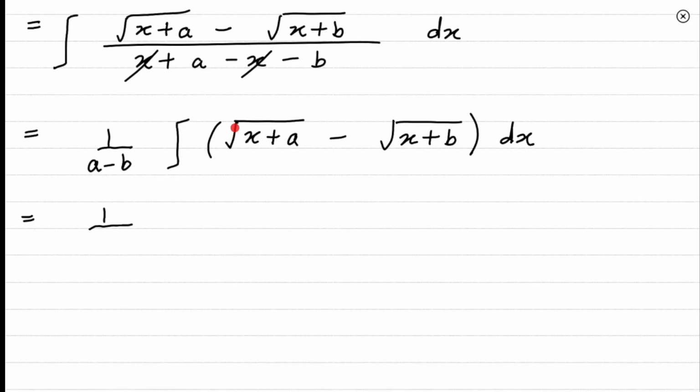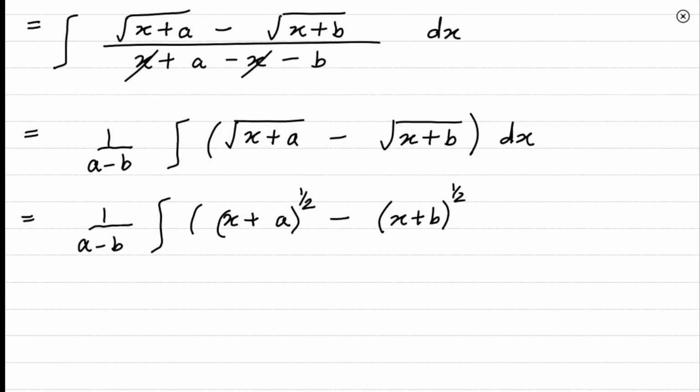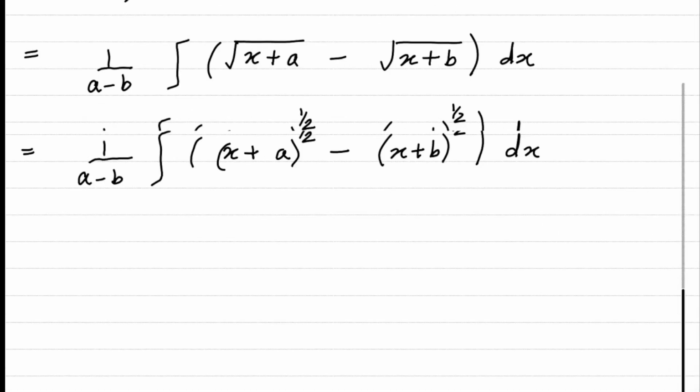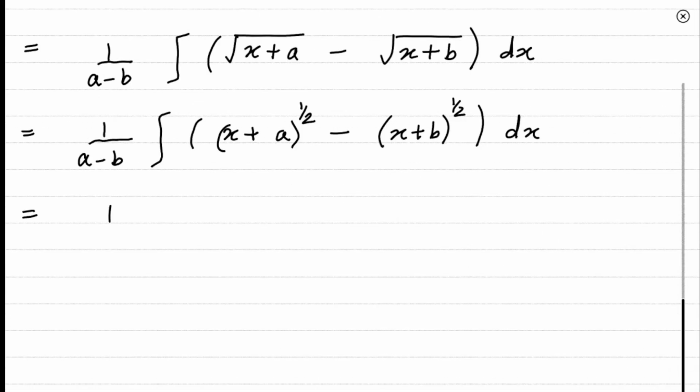Now those square root of x plus a and square root of x plus b can essentially be written as power half. So x plus a can be written as (x plus a) to the power half minus (x plus b) to the power half, using the law of exponents. Then we can simply apply the basic algebraic integral formula, 1 over a minus b.